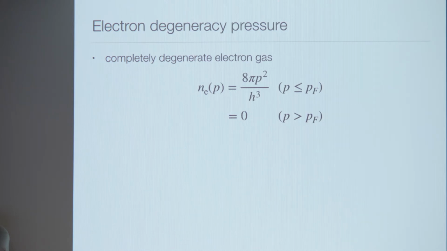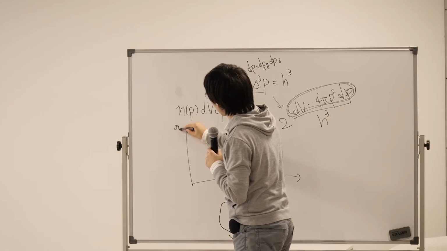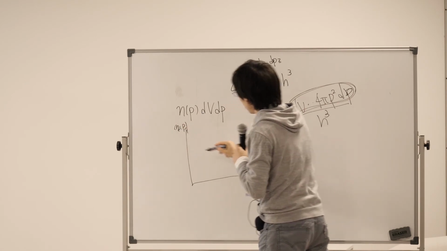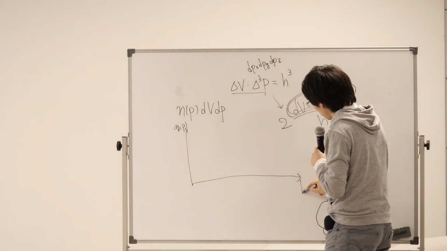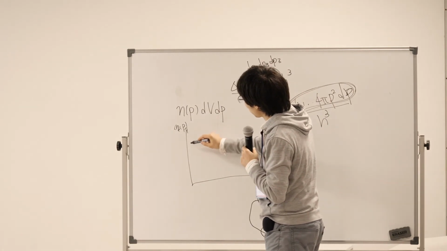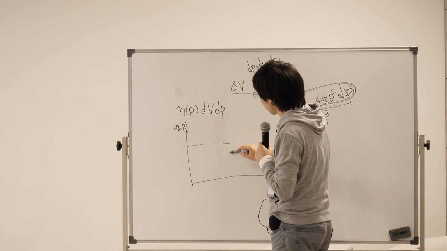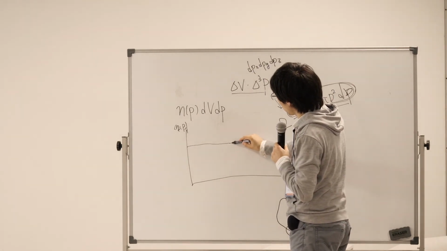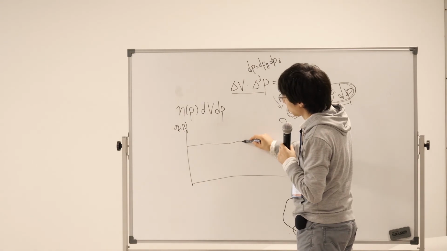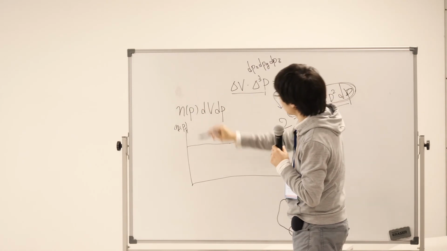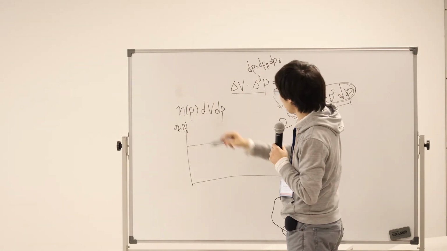So there's some number density of electrons in a degenerate electron gas, and there's a pressure. We can imagine a situation where you keep putting electrons from the bottom, and then at some energy, this value will be what's written there.